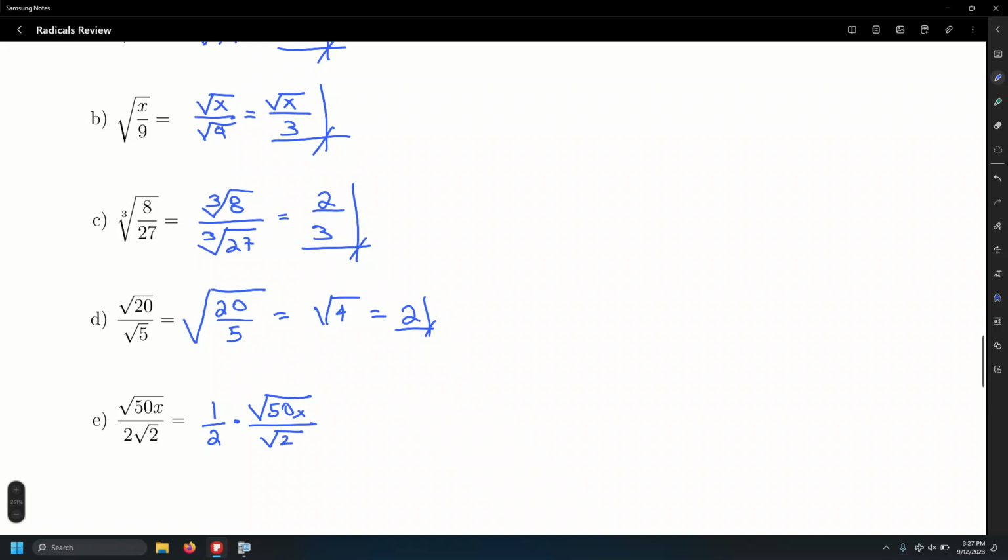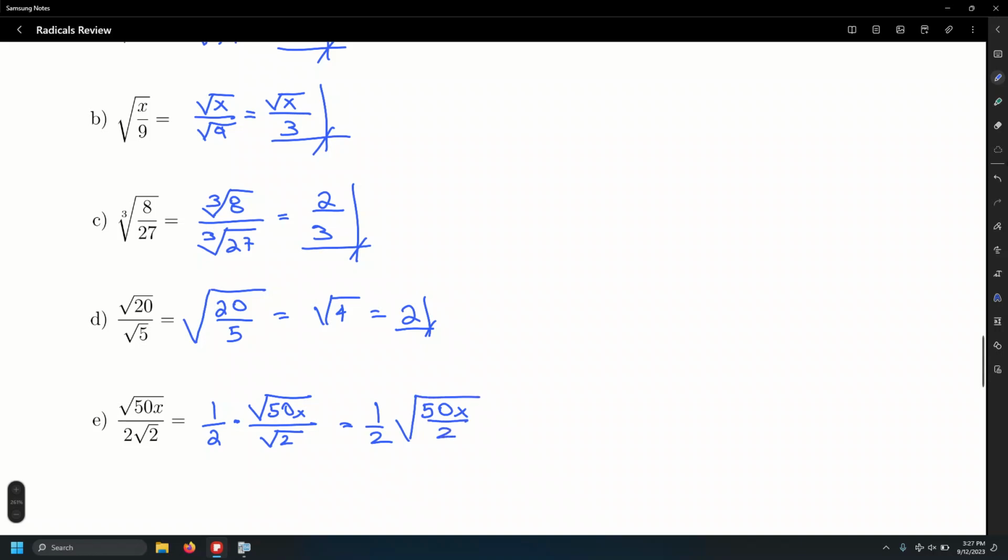That way you don't get confused about the 2 that is by itself at the very end. And now we're going to use the quotient rule for radicals. The quotient of two radicals equals the radical of a quotient, and the quotient is 50x over 2.